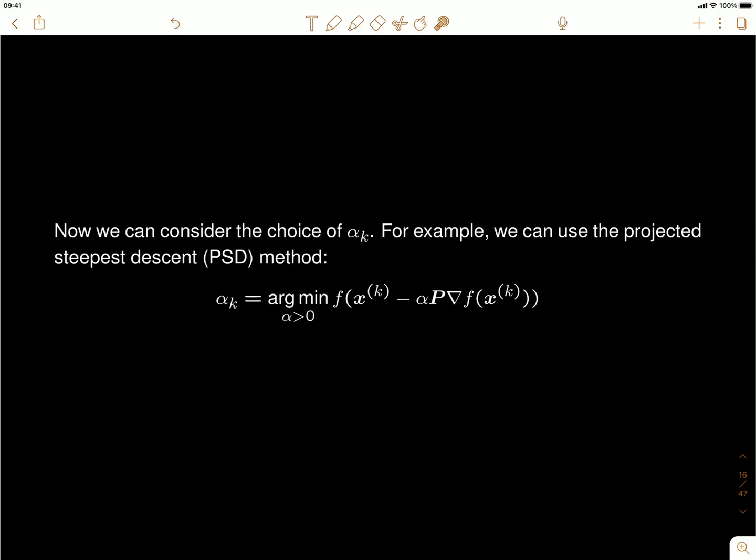Right. So, for example, the simplest way to do this is to use the steepest descent method, which finds this alpha k by minimizing this line search function, right? Because we need to determine what this alpha is. So let's just say that everything else is fixed, and then go along this line.